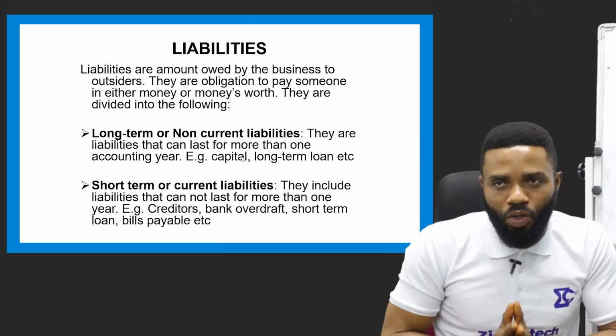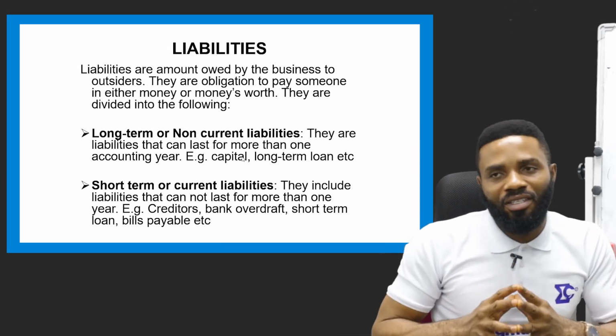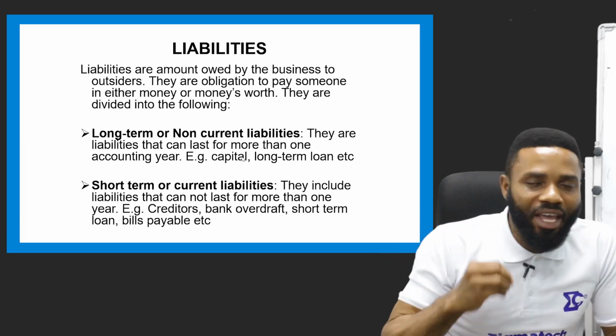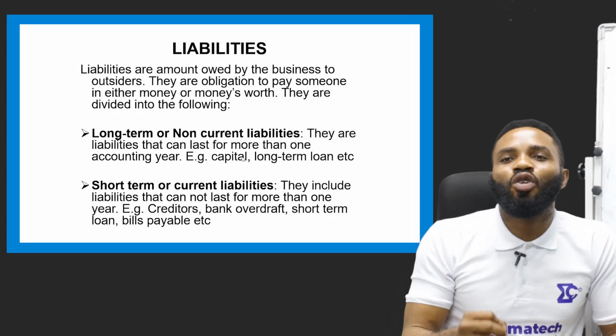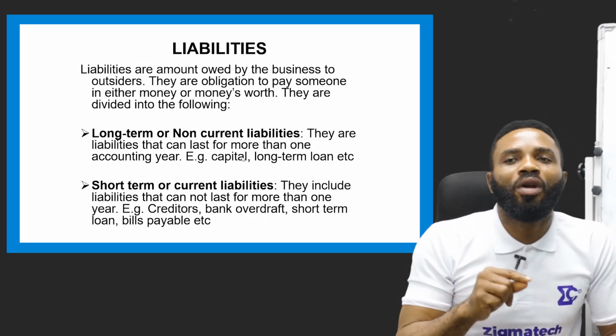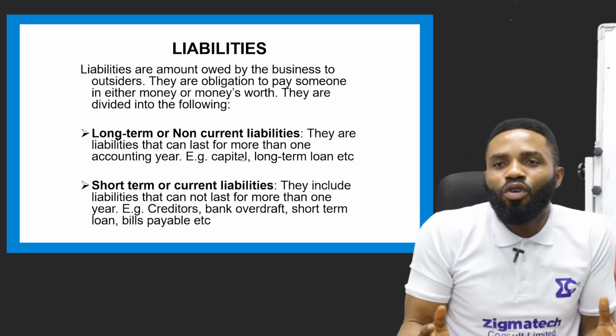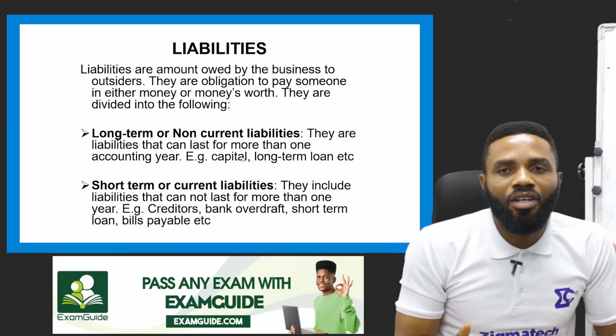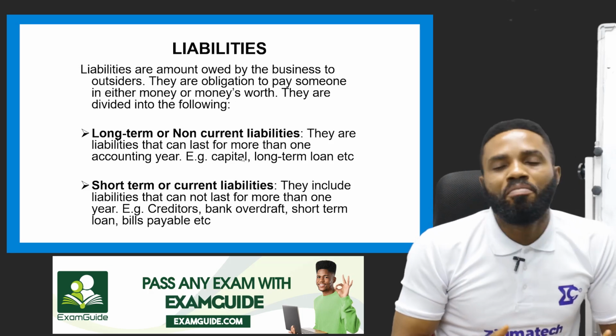When the obligation or the debt is something you are under an obligation to pay within 1 year, it is called short-term or current liabilities. They include, number one, creditors, bank overdraft, short-term loans, bills payable.